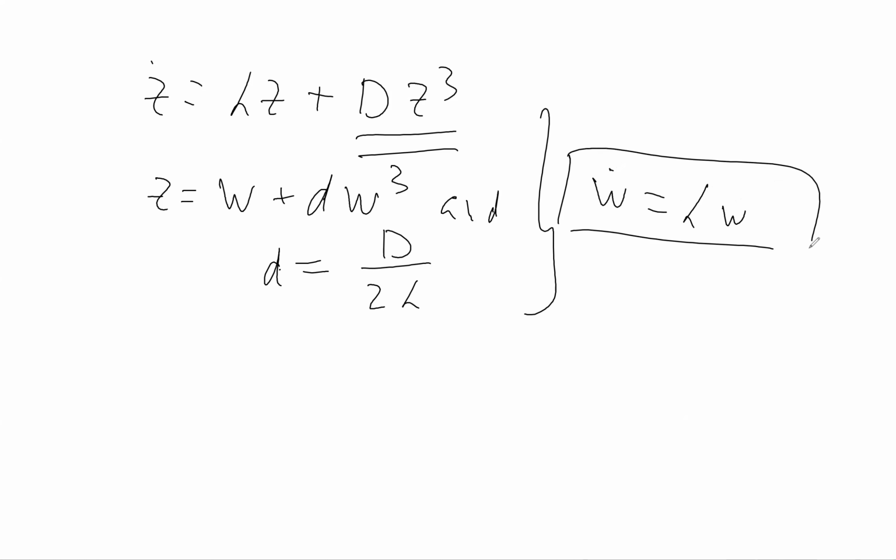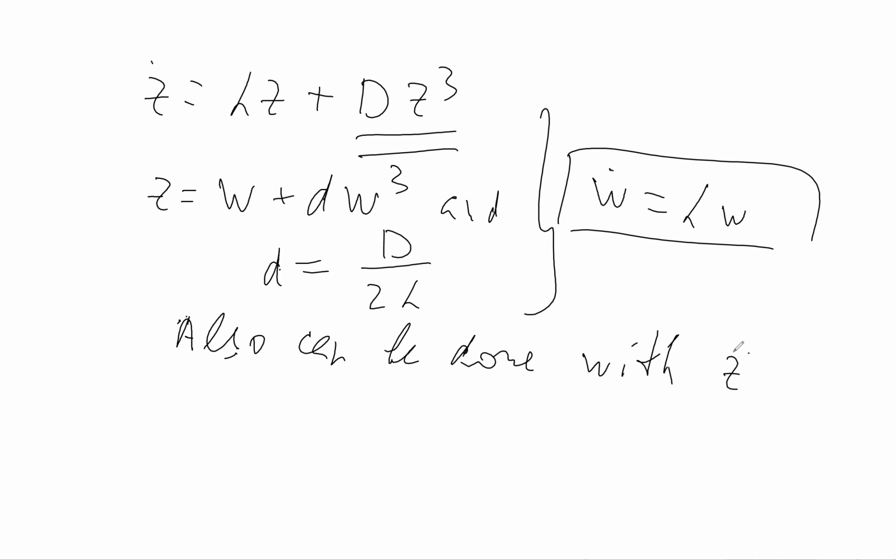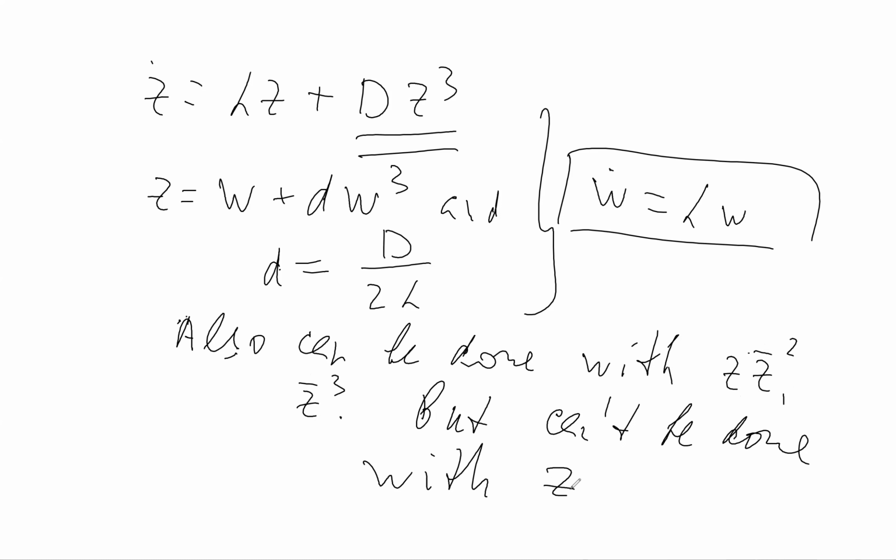So this cubic term disappears. And it can be done with d z cubed, also with d z times z complex conjugate squared, and z complex conjugate cubed, but it can't be done with z squared z complex conjugate.